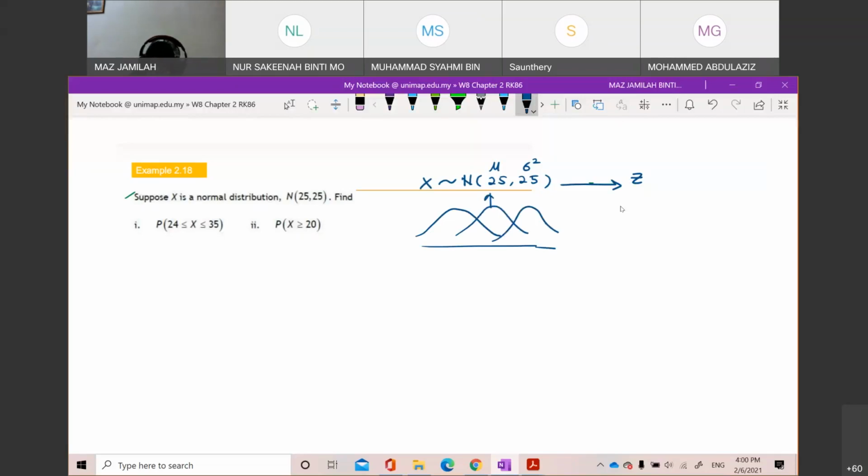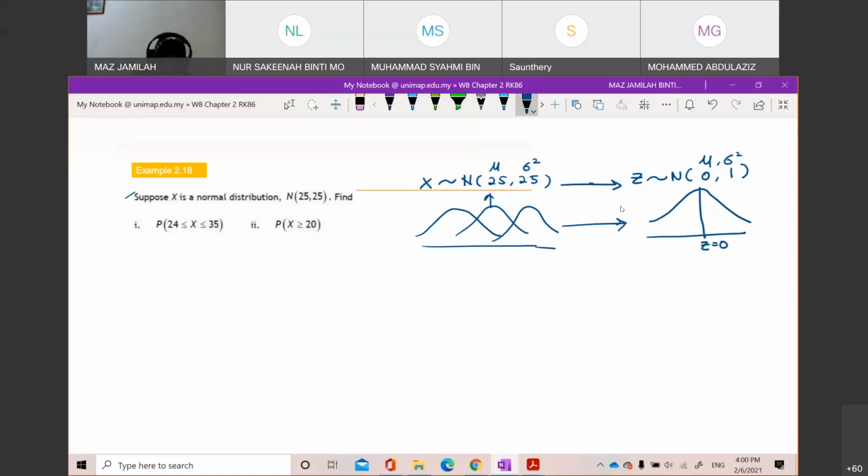But using standard normal, with mean 0 and variance 1, every problem will always refer to the standard normal distribution, whereby the mean will always be 0. So that's why we need to do the transformation.